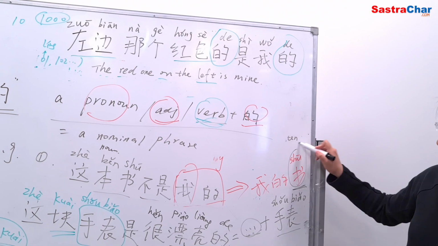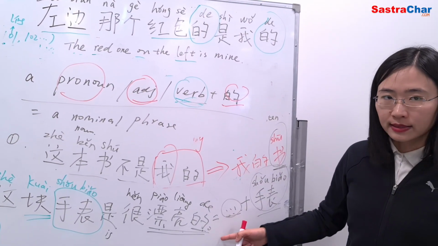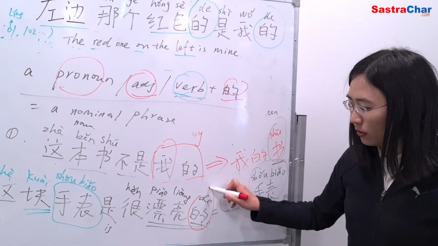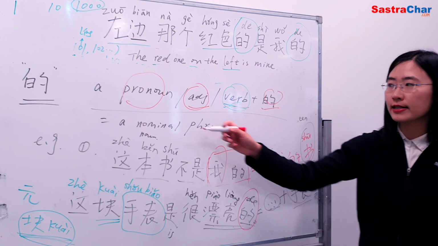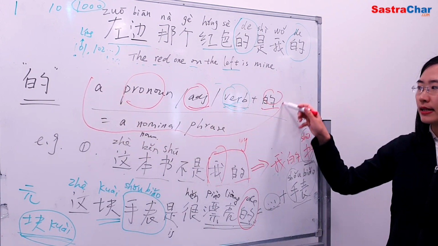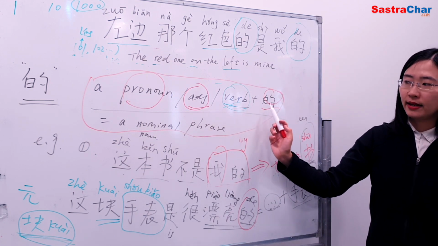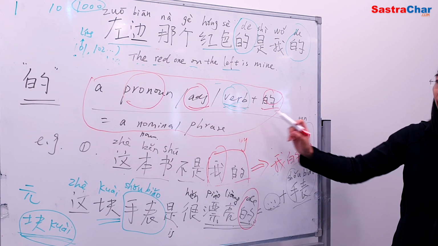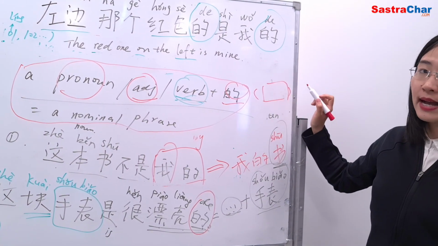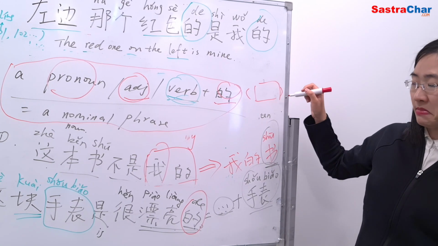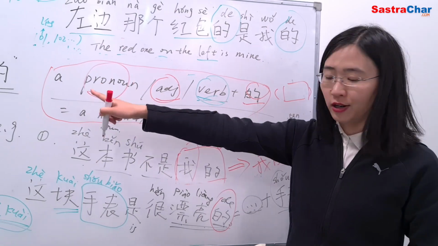So we omit the noun, and make the sentence end with the character 的. Okay, so that's why we have this rule. Yeah, this rule: a pronoun, an adjective, or a verb plus 的 makes a nominal phrase. Okay, and here actually the 的 should be followed by a noun, and then this noun is omitted. Yes, missed. Okay, yeah. So this is about the function of 的.